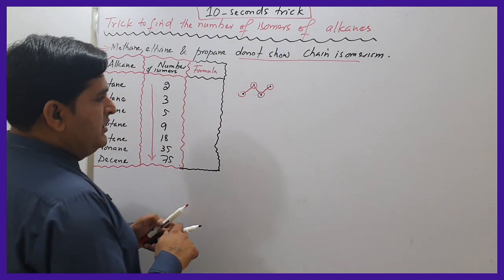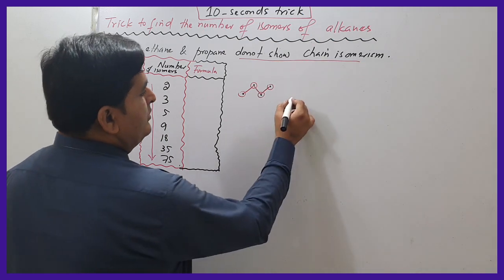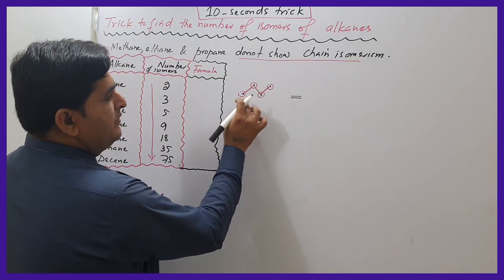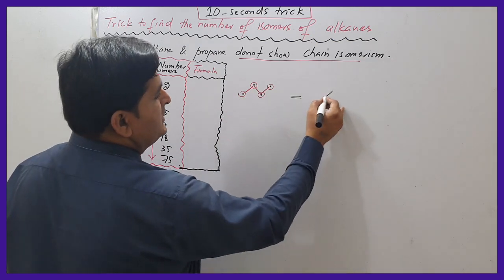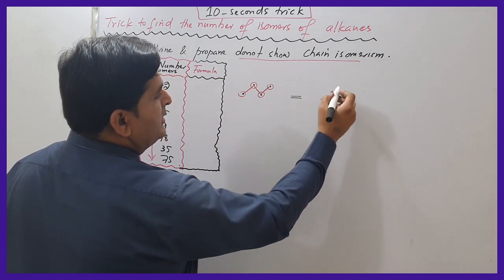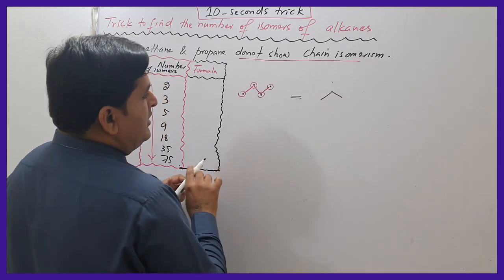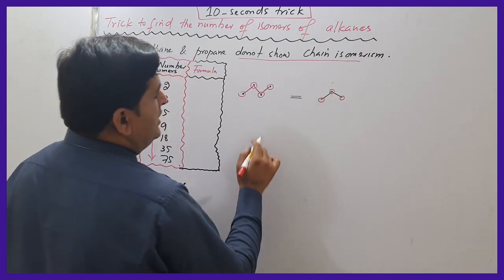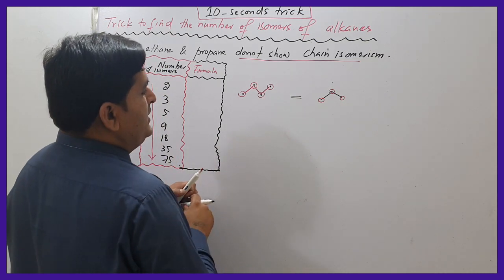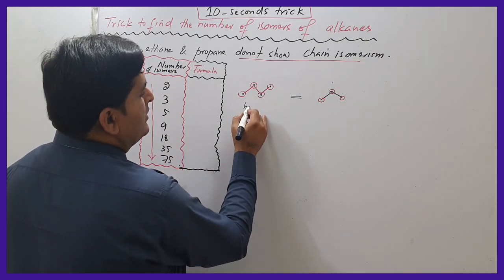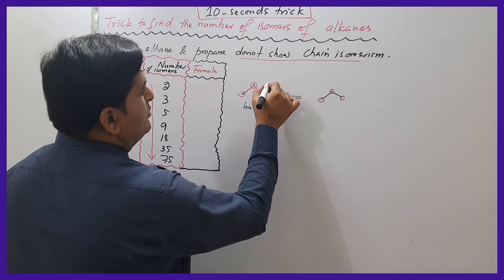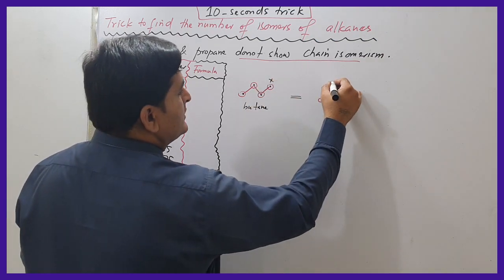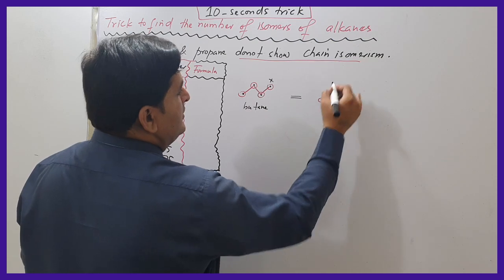So how do we count the number of isomers? Now reduce 1 carbon from this chain, it becomes 3 carbons: 1, 2, 3. The carbon that we have subtracted from this butane now becomes a side chain.